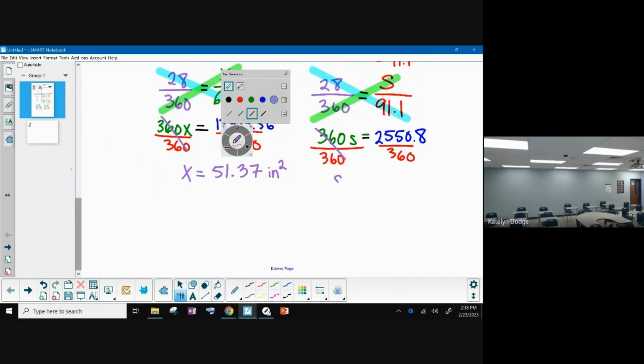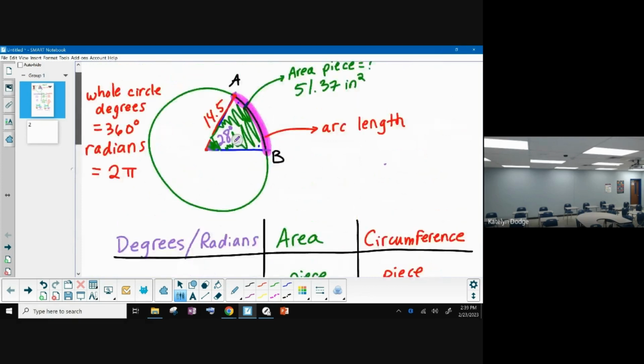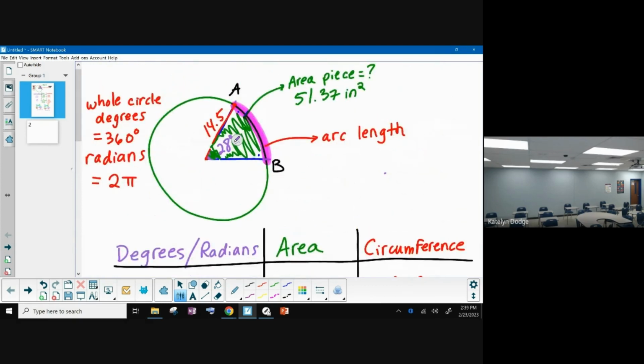So my arc length of S is going to be equal to 7.09 if I just round to the nearest hundredth. And this time I'm measuring a piece of the circumference, which is just a measure of length. So this is just inches. So we'd say 7.09 inches is now my arc length, and I could add that back to my diagram.